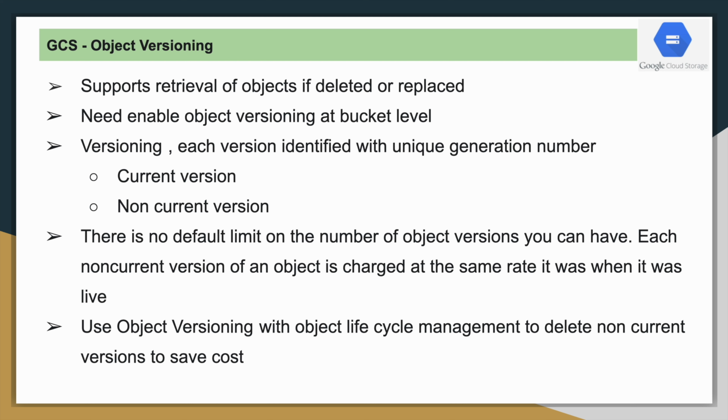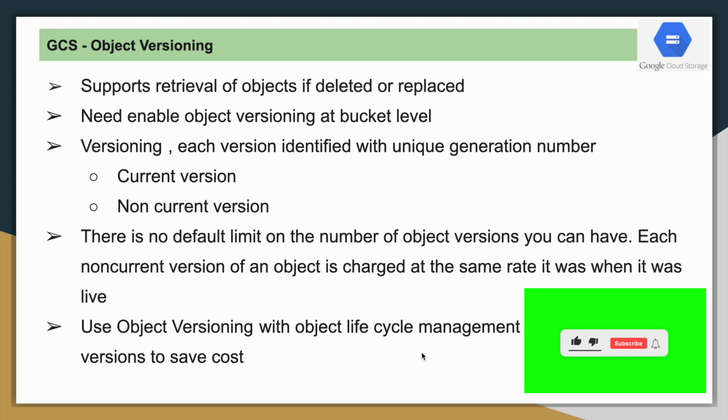You can have an object lifecycle management rule on that bucket so that it automatically deletes your non-current versions. We have already uploaded a video on object lifecycle management, so I would recommend you go through that video so that the concept is clear.